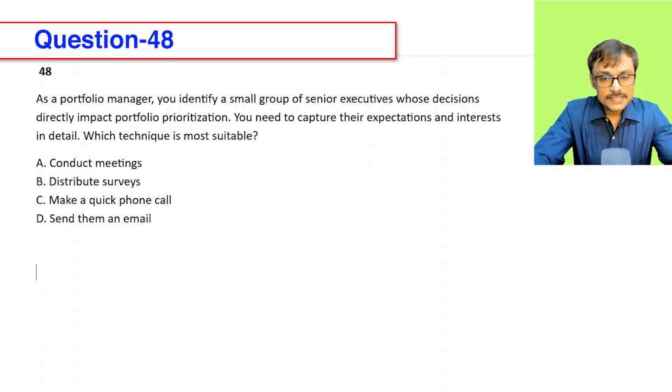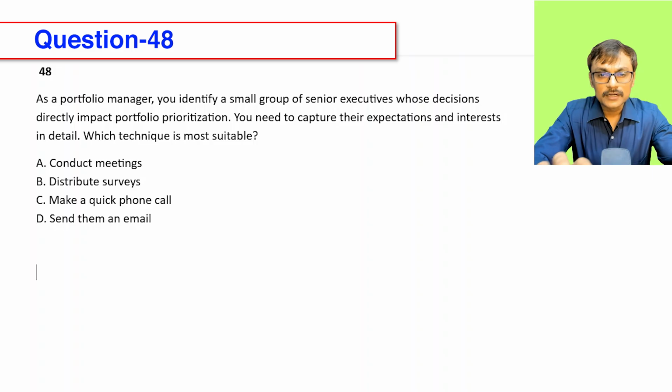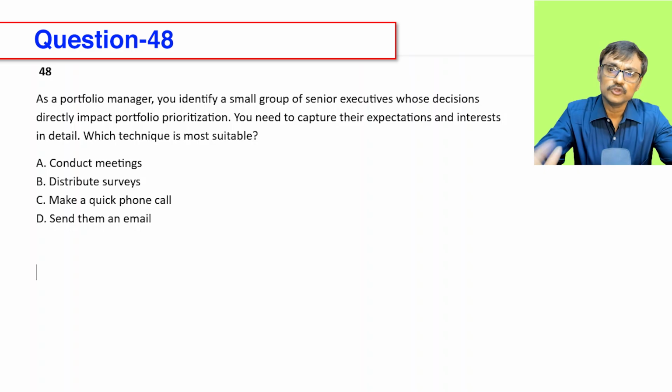Usually when the stakes are high, maybe the matter is critical or the people involved are critical, I try to take a rich medium of communication, interactive and as rich as possible. So in these options, making a quick phone call and conducting a meeting are both interactive. Sending an email is the least preferred. Distributing a survey is also more or less like that.